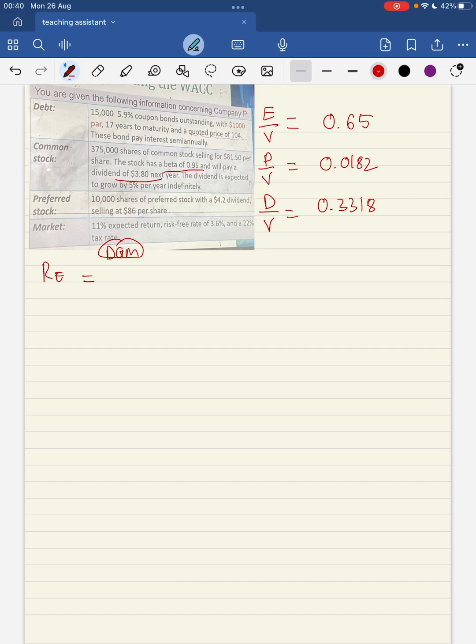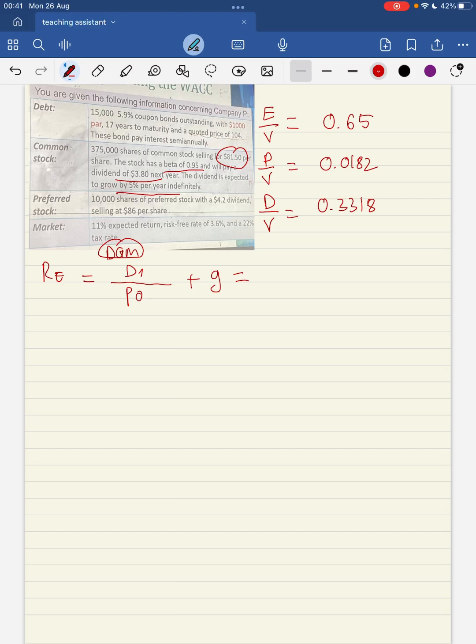As we can see, the stock has a beta of 0.95 and will pay a dividend of $3.8 next year, which indicates that D1 will be equal to 3.8. At the same time, we also know that the price of the stock is currently 81.50, which means P0 will be equal to 81.50. And the growth rate is 5% per year.